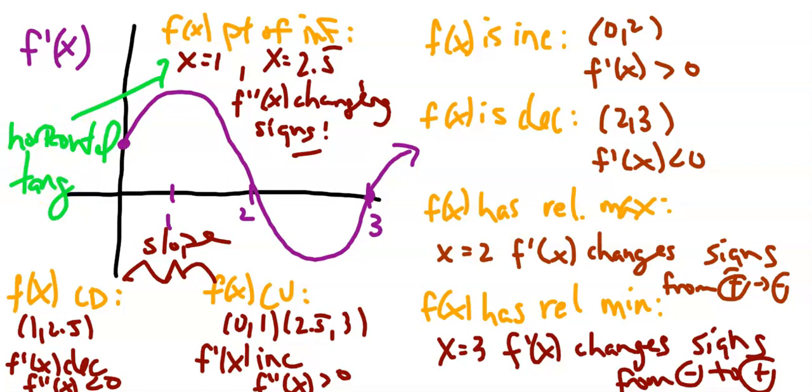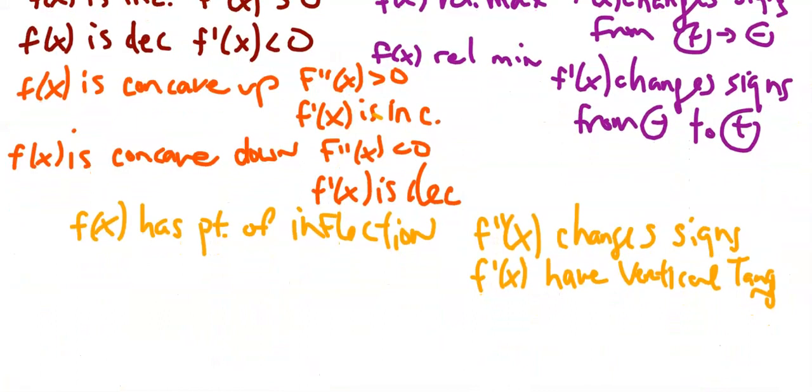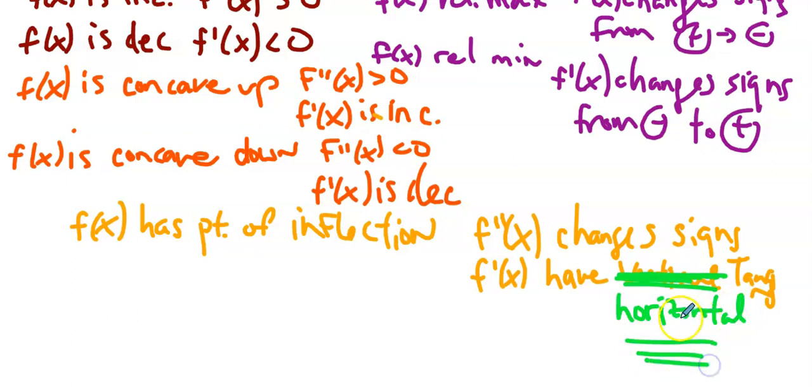Horizontal tangent. And I just realized that over here, I said vertical tangent. So I meant to say horizontal tangent. So hopefully you guys are like, oops, yeah, horizontal tangent. I'm glad I did that example.